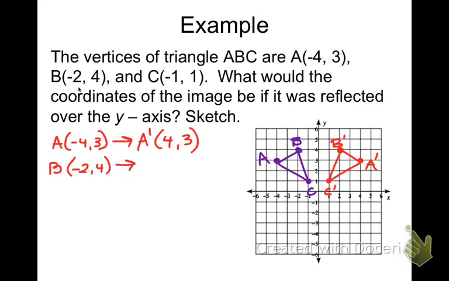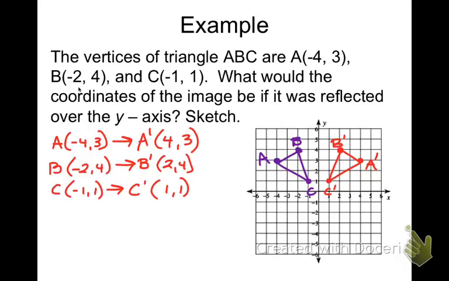If you're reflecting over the y, then the x changes signs. So the image of B would be positive 2. The 4 would stay a 4. And then your C is negative 1, 1. Reflecting over the y means your x changes sign. So my negative 1 will go to a positive 1. And that positive 1 would stay a positive 1. We'll get you to the coordinates.